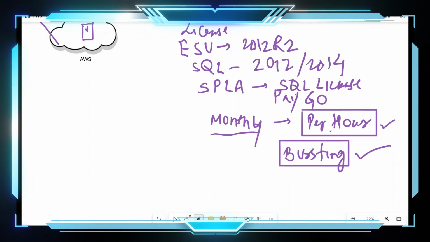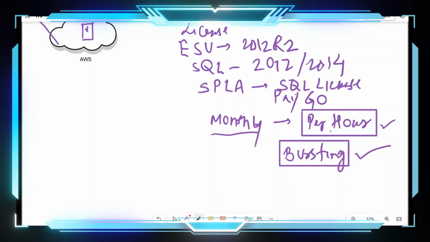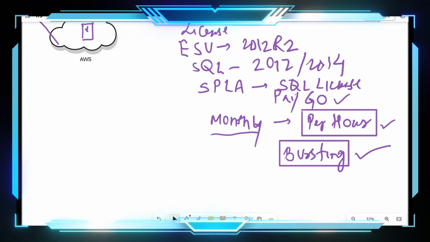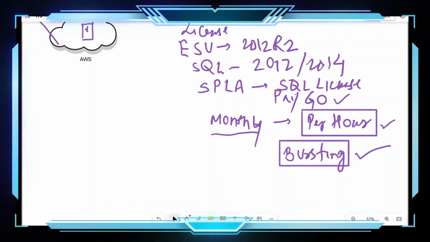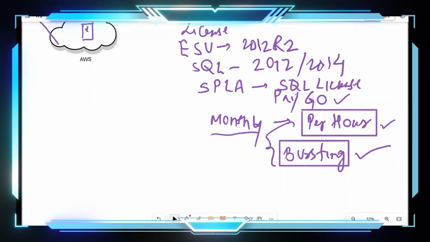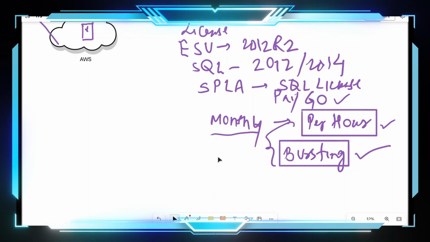So in certain scenarios, I think it makes sense to utilize the SQL license pay as you go model. But SPLA is always there, and this can be enabled through Azure Arc. So all these things fall under the paid service for you, right?